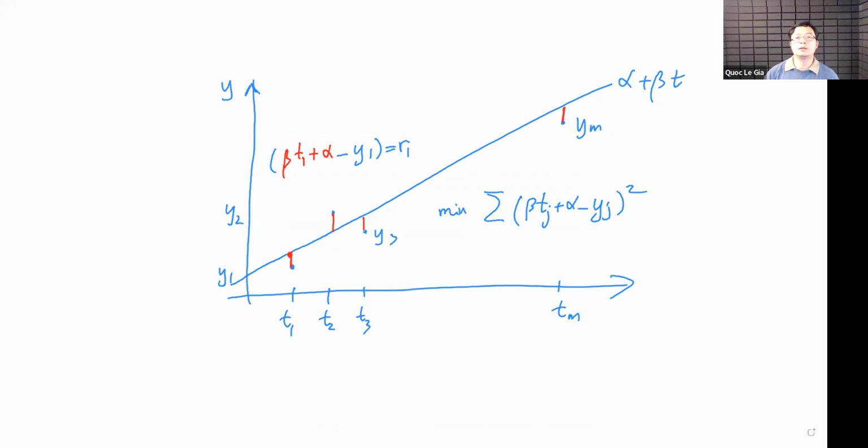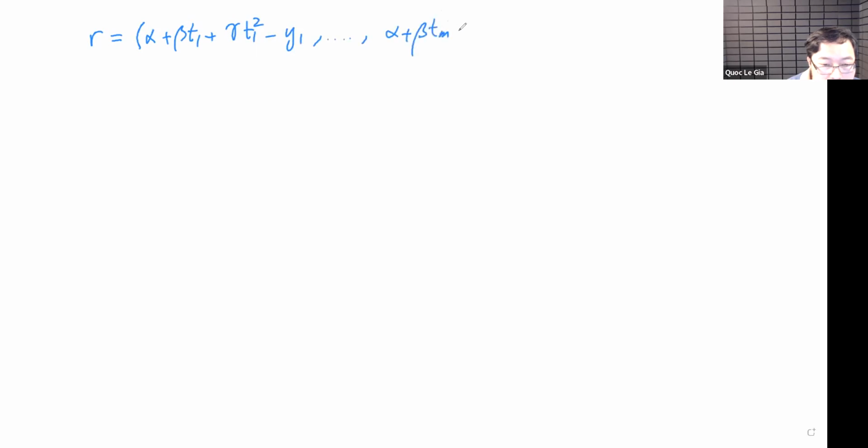So let me clear this. Remember the residual is a vector: alpha plus beta t1 plus gamma t1 squared minus y1, down to alpha plus beta tm plus gamma tm squared minus ym, transposed.